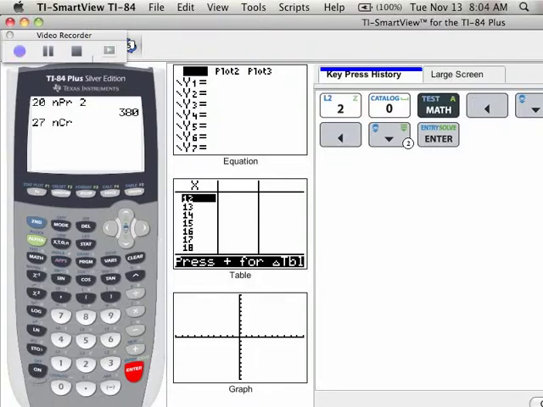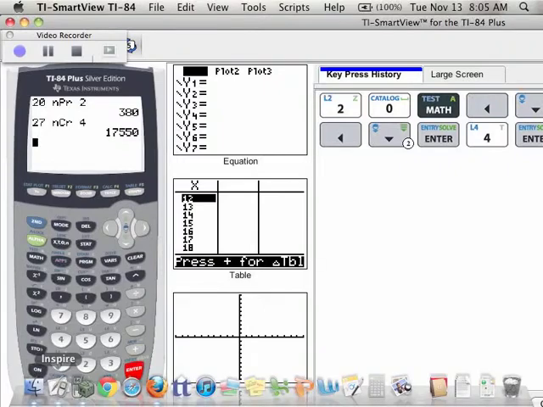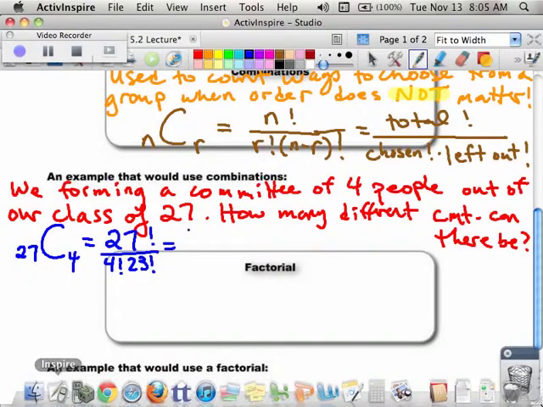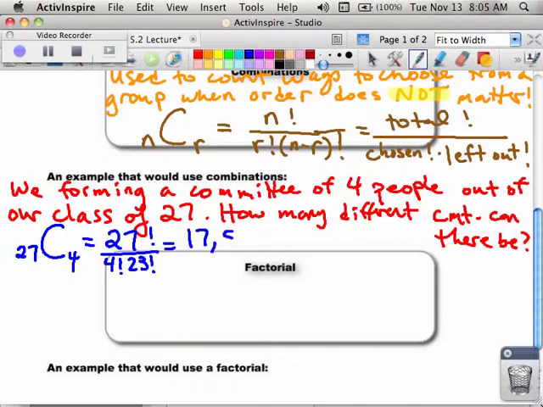And then we type in a 4, because we want 4 people out of those 27. And we hit enter. And this is how many different committees we could have possible if we're choosing 4 people to be on the committee. 17,550. So the answer is 17,550 different committees.